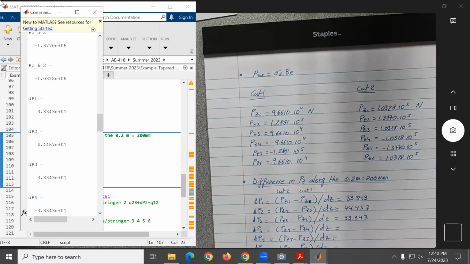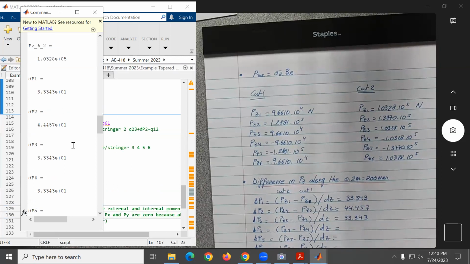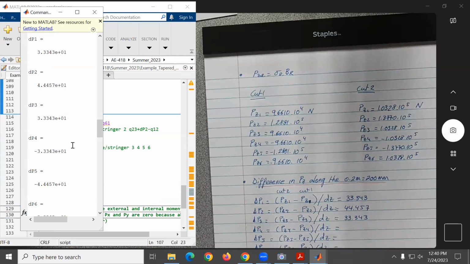So the rest should be the same but with the opposite signs, no? It will be minus 33.343, minus 44.457, minus 33.343.